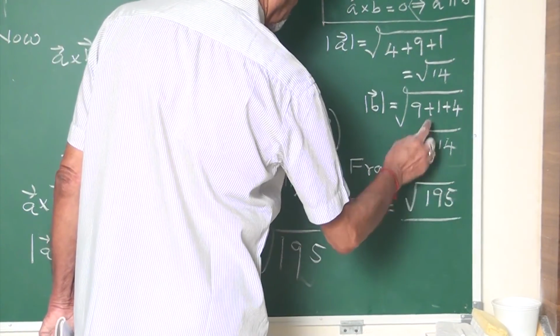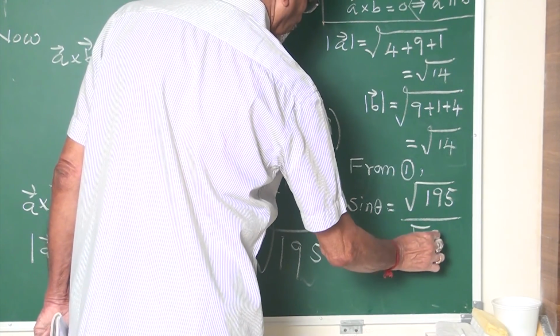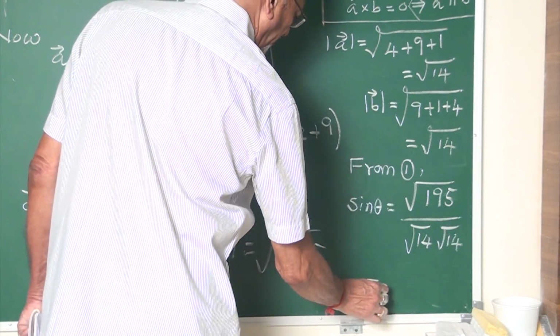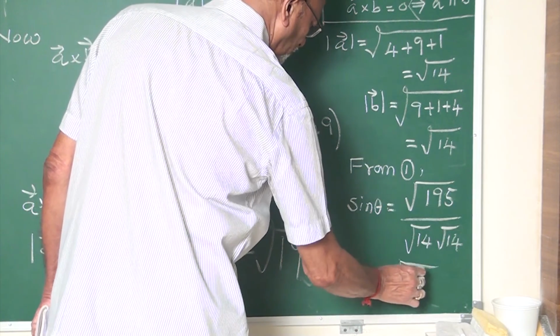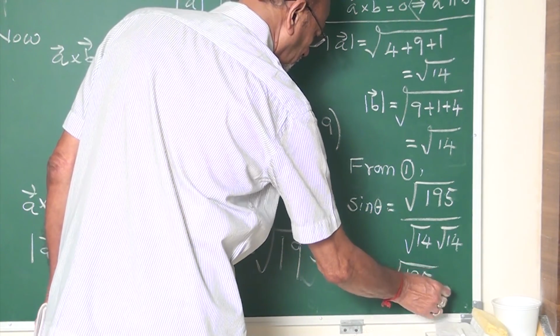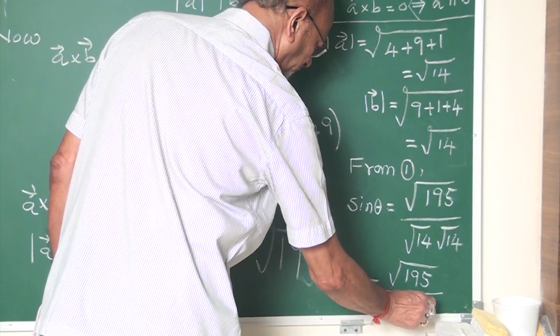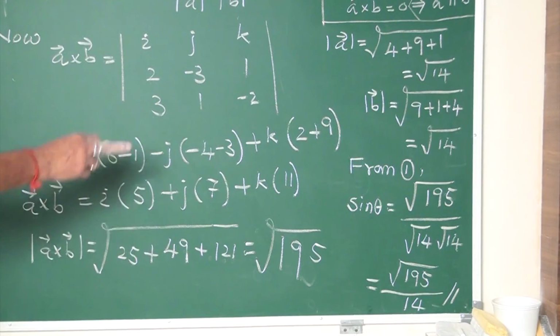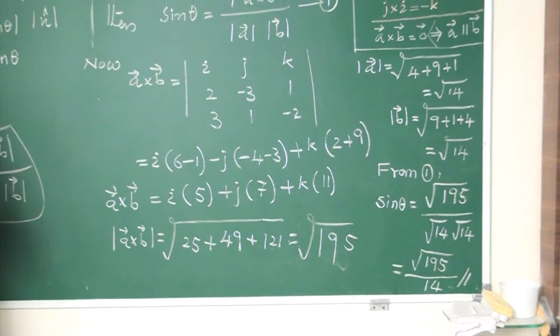What is the denominator? Root 14 into root 14. Therefore, the answer is square root 195 upon 14, which is the sine of the angle between the given vectors.